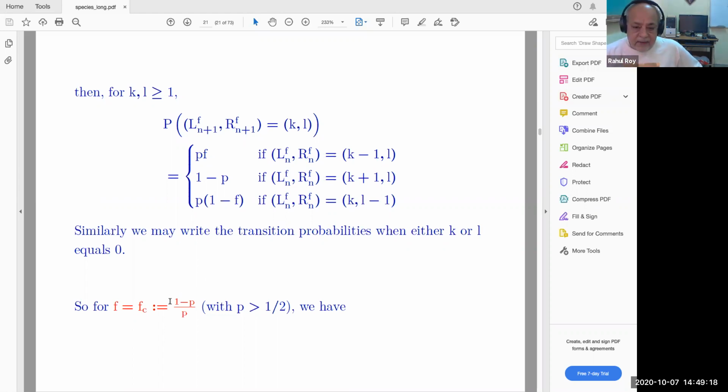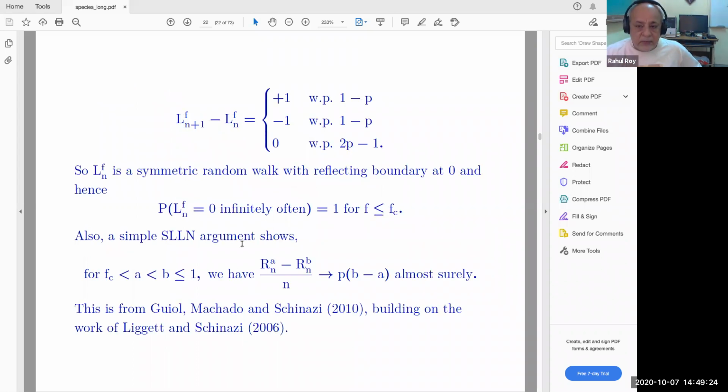In this case, you can see that there's a phase transition in (1 minus p) by p. Why? Because if I look at just the left side, Ln plus 1 minus Ln, with probability p there is a birth here, and with probability 1 minus p there's a death here.